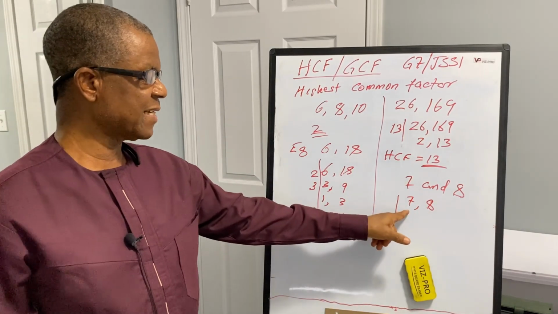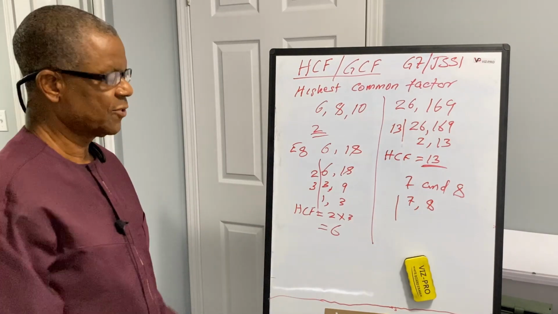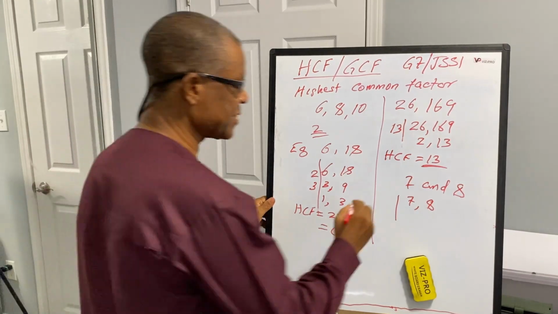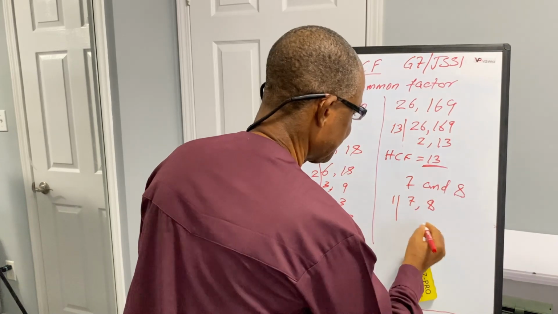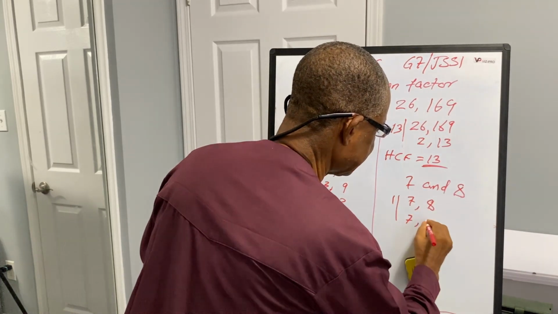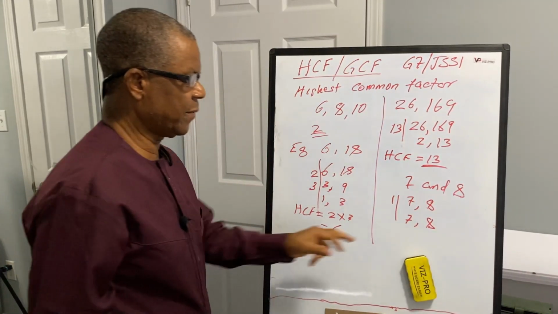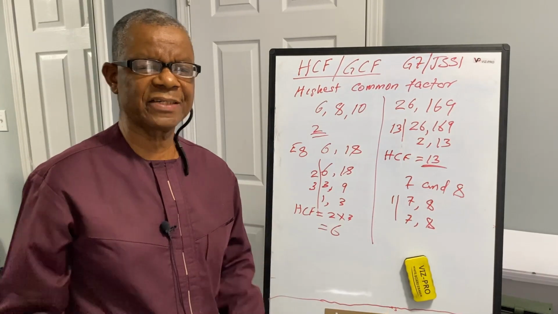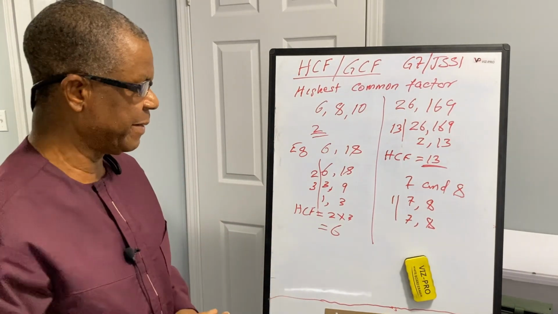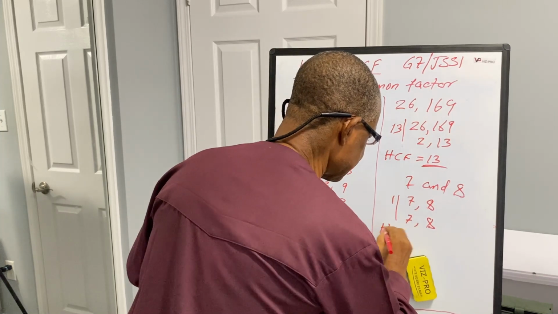And 7 can divide 7, but cannot divide 8. So in this instance, our HCF is 1. The numbers remain 7 and 8. No other factor can divide 7 and 8 without a remainder. Our HCF here is 1.